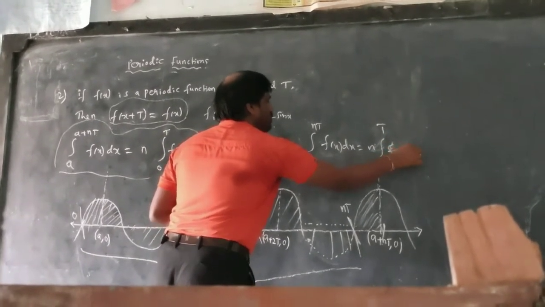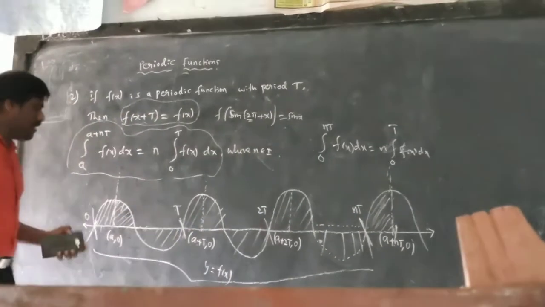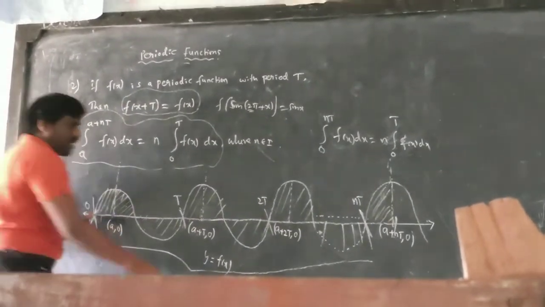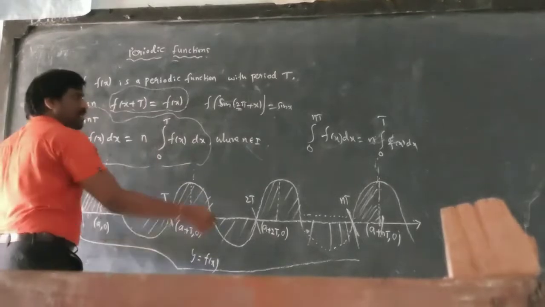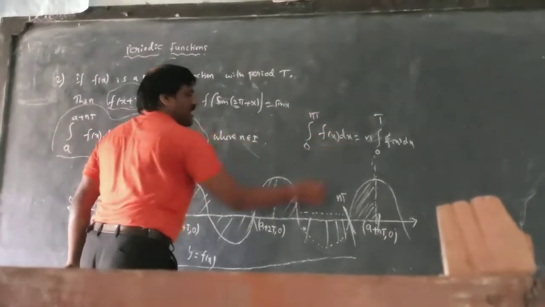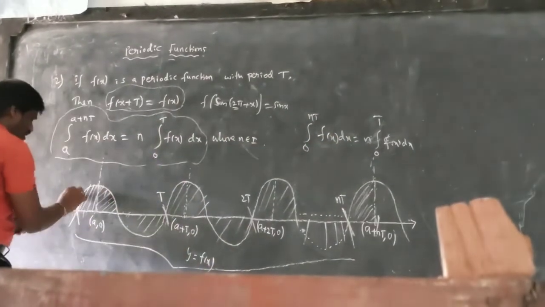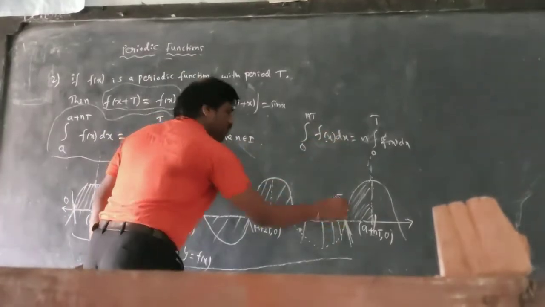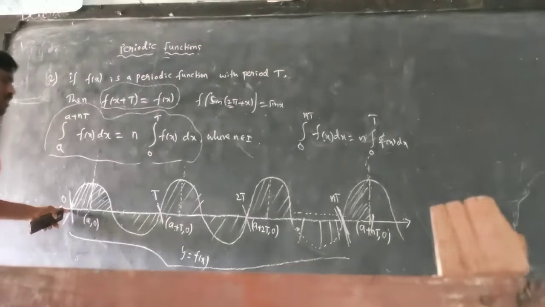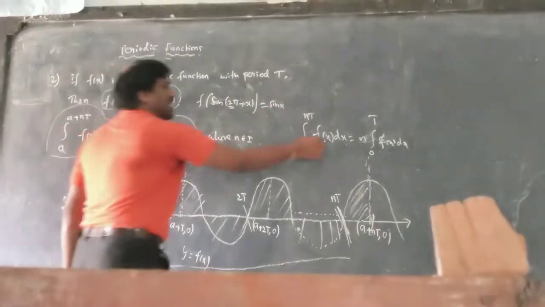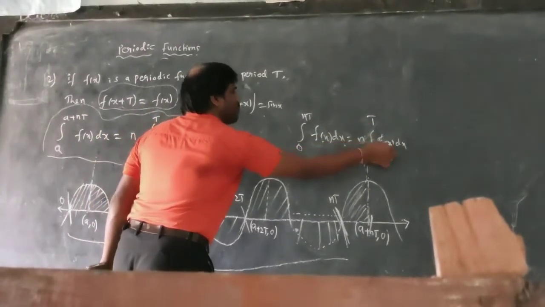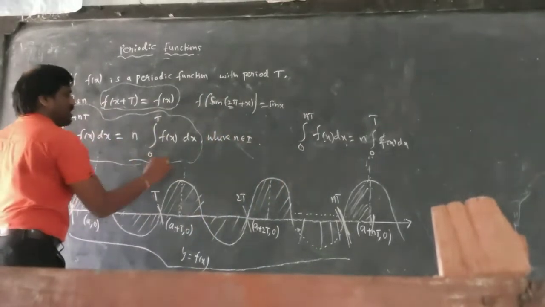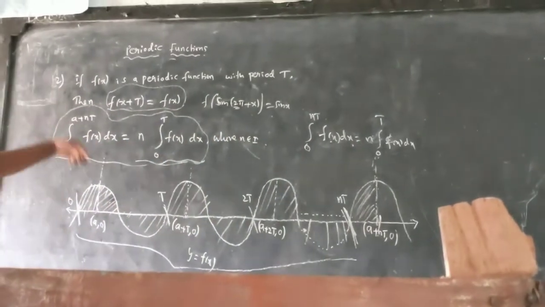If I find the area from here to here, that is nothing but the integration from 0 to nT of f(x) dx. That can be written as n times the integration from 0 to T of f(x) dx. That is the proof of this.